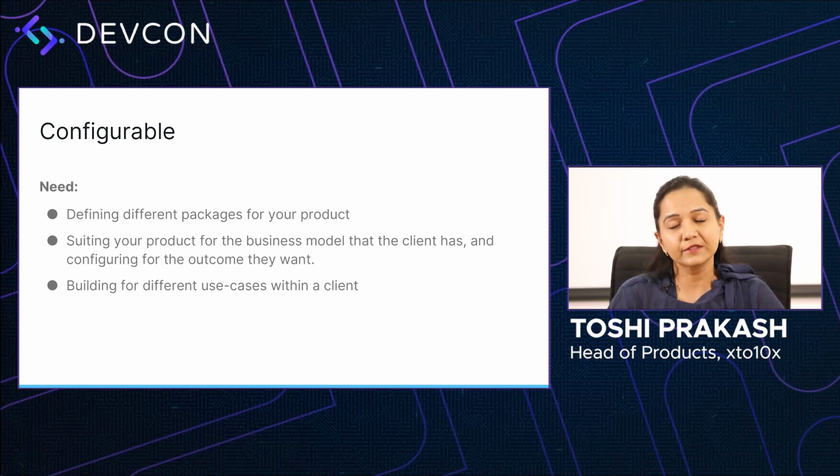Lastly, even within a client, there might be multiple use cases. Different geographies may have a different use case, different business verticals may have a different use case. For example, let's say you have a payroll system. Maybe the leadership layer has a different pay package and a different pay structure. Maybe the team sitting in Singapore has a different pay structure.